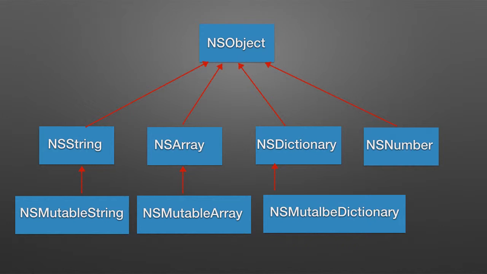For strings, arrays, and dictionaries, there are mutable versions, which means that they can grow and contract and their values can be modified programmatically: NSMutableString, NSMutableArray, NSMutableDictionary. There is no such thing for NSNumber because a number is just a static object representing the value.